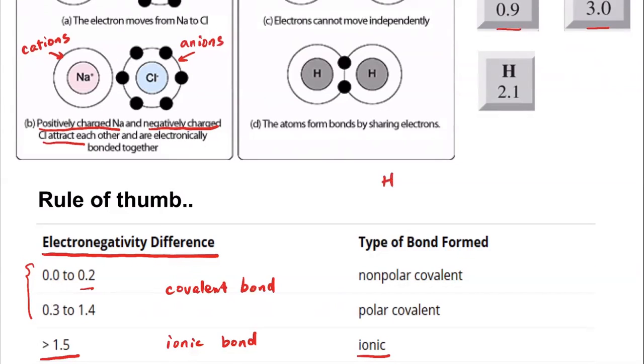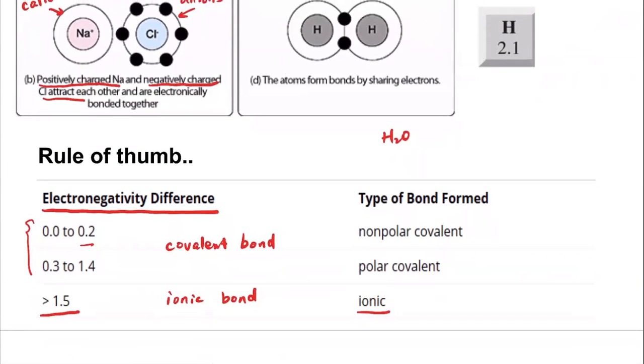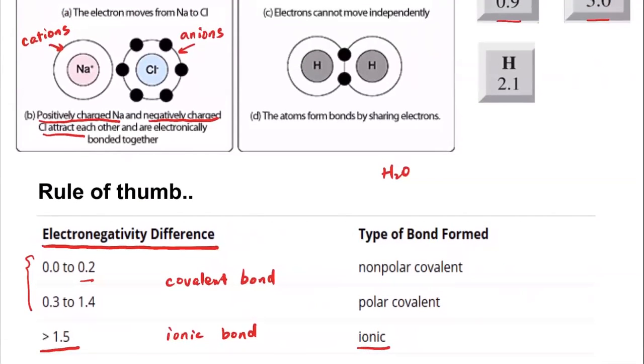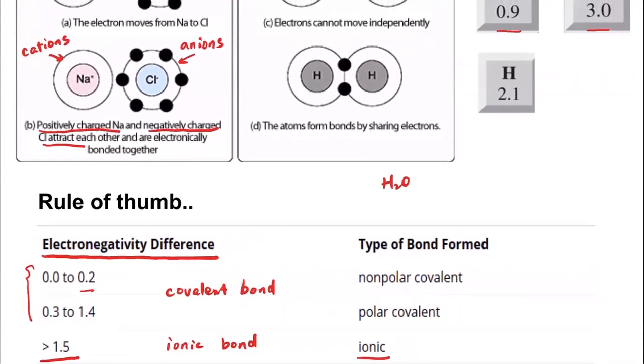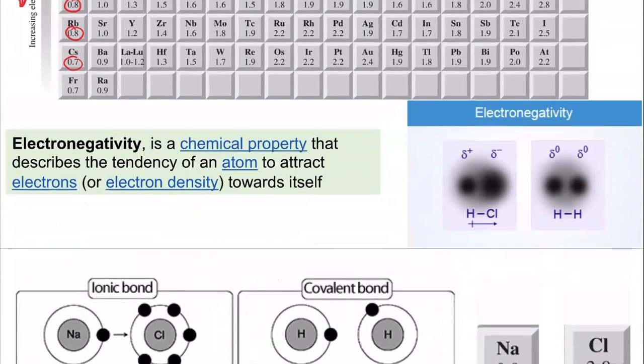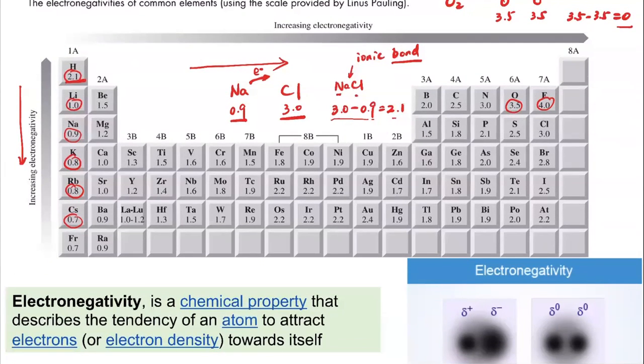For example, let's talk about water. Water doesn't have an ionic structure. We can calculate the electronegativity for these two elements. If you refer to the table here, hydrogen is 2.1 and oxygen is 3.5.